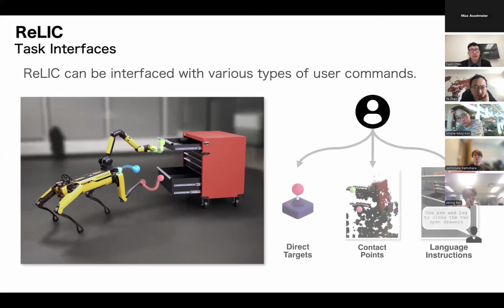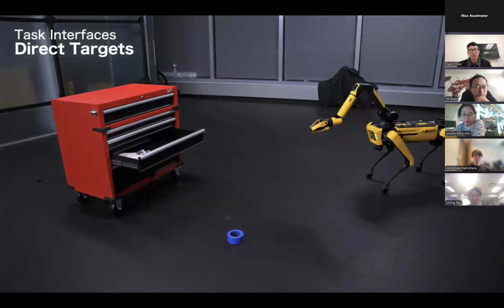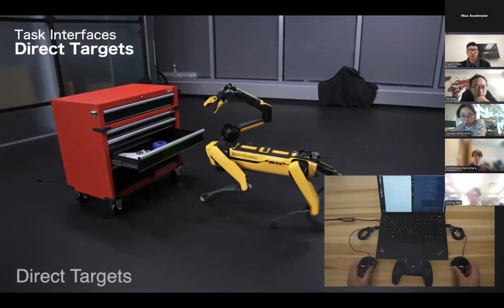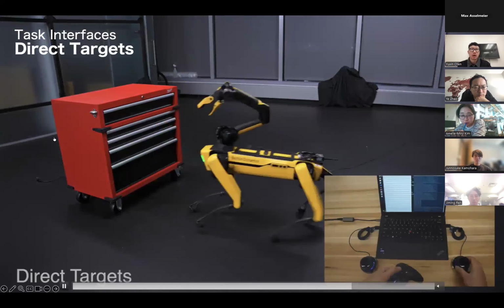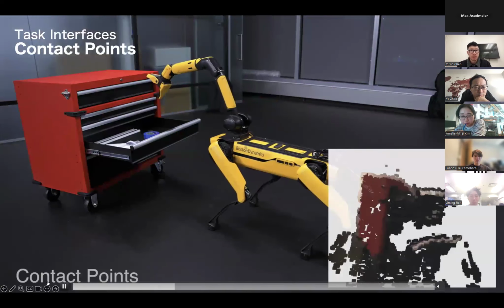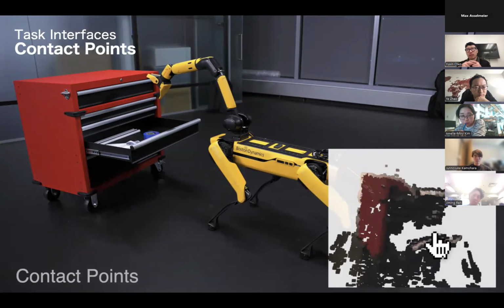And for the inference, how we define the desired arm motion and also the leg motions, we have 3 kinds of interactions. One is the direct target, another is the contact points, the third is language instructions. For the direct targets, we just use a 3D spatial mouse to manually control the desired trajectories of the arm and the leg. The second, contact points, is more like a mix between direct control and the VLM.